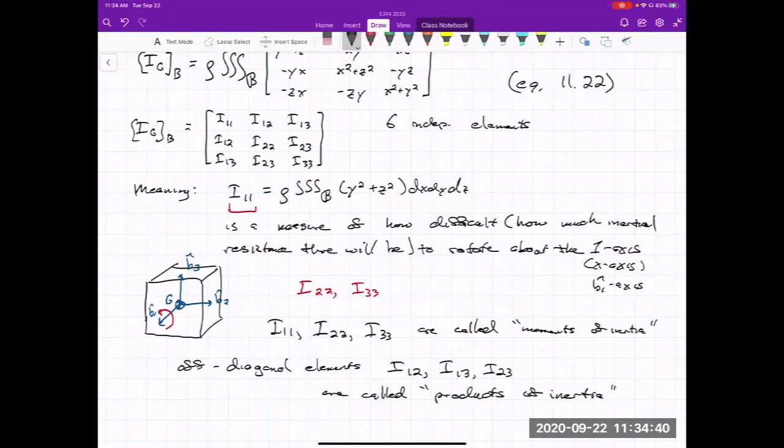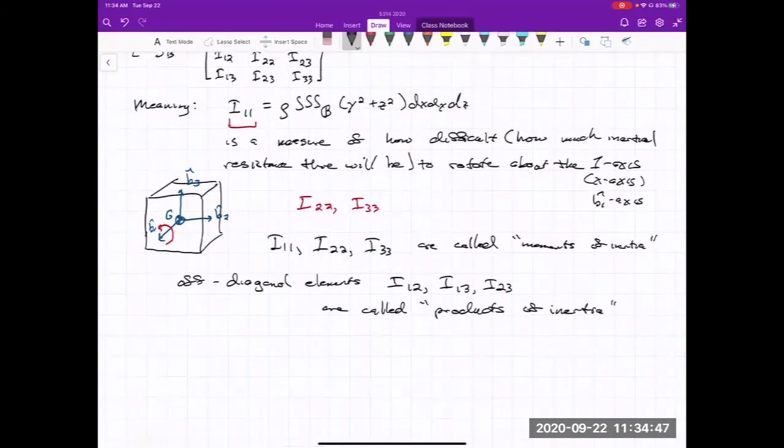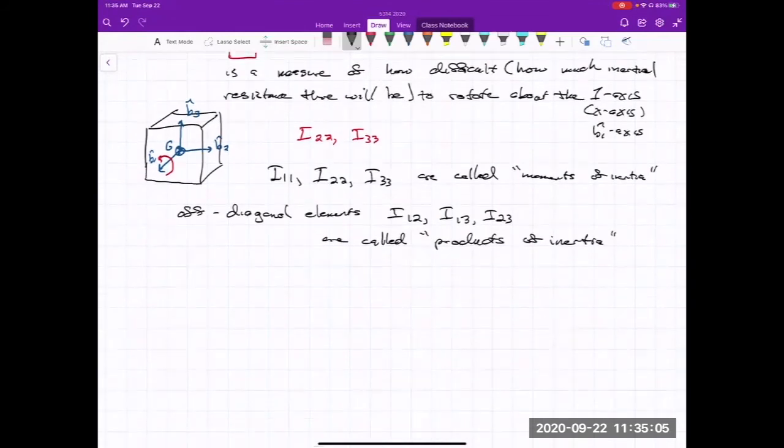I don't have a good idea about how they're interpreted. But there is something special about them. You can actually find a body fixed frame in which these products of inertia disappear.